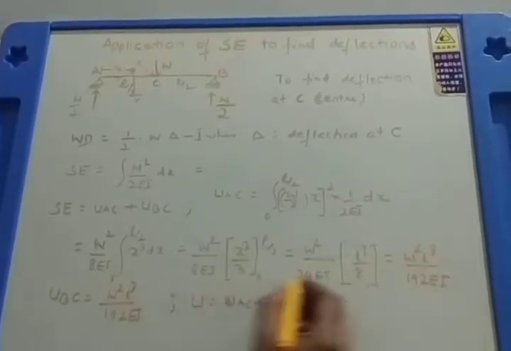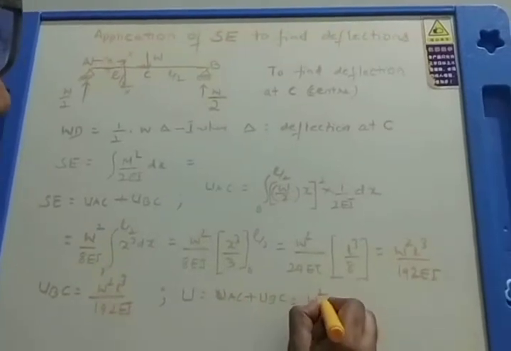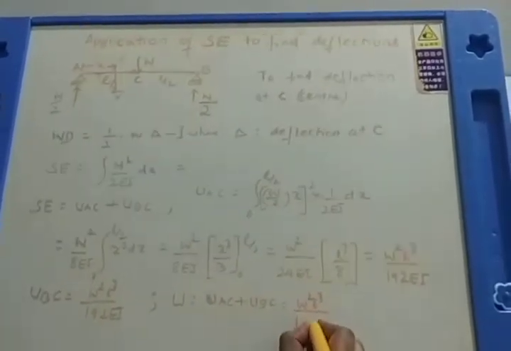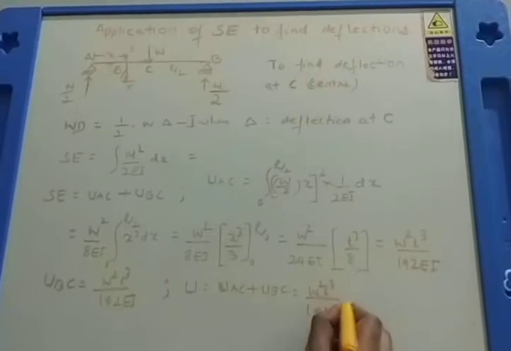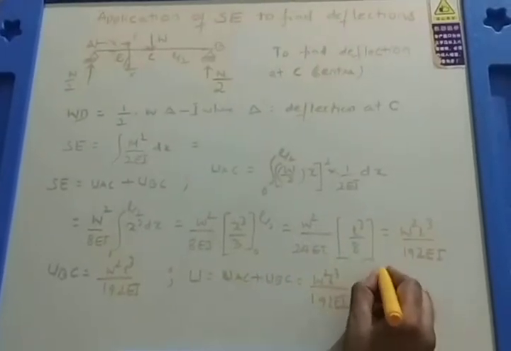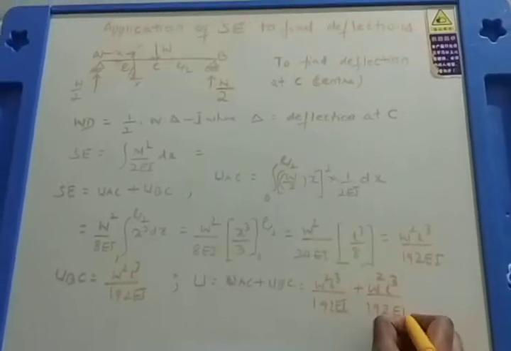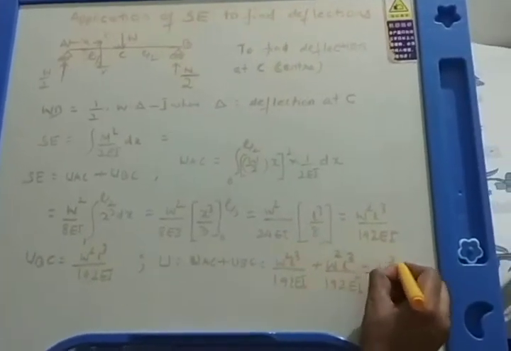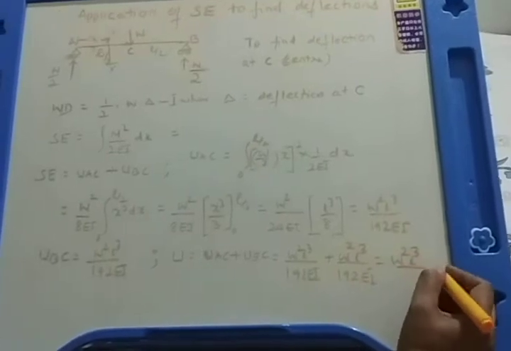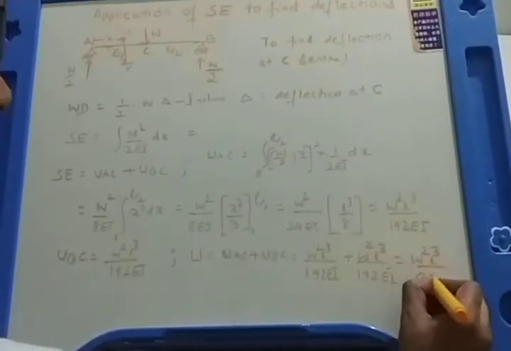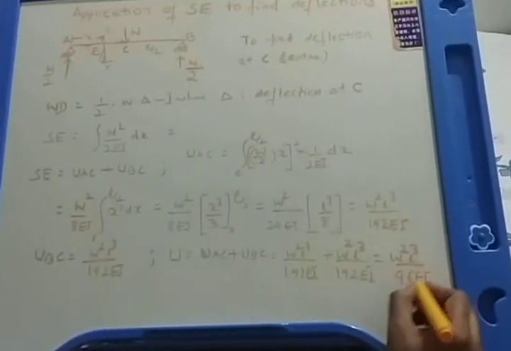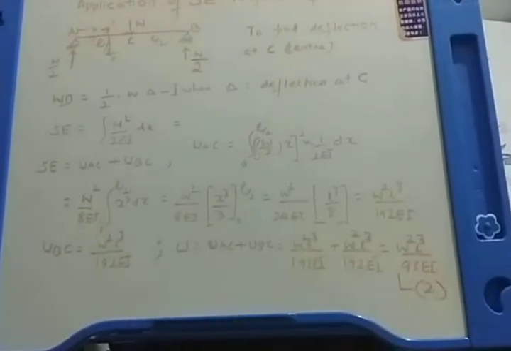That means you have to add W square L cube upon 192 EI plus W square L cube upon 192 EI. So you are going to get W square L cube upon 96 EI. So this is the total strain energy. You can call this equation 2.